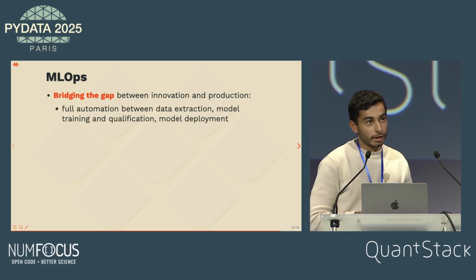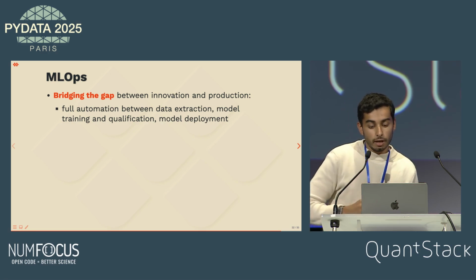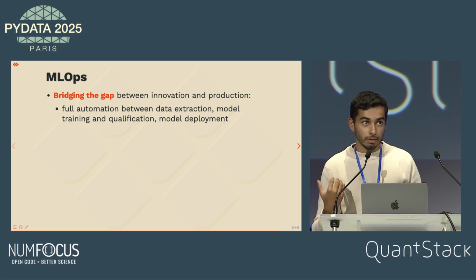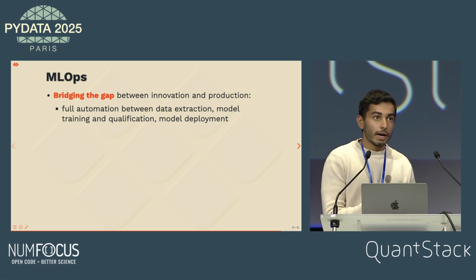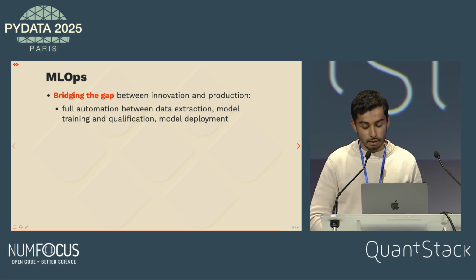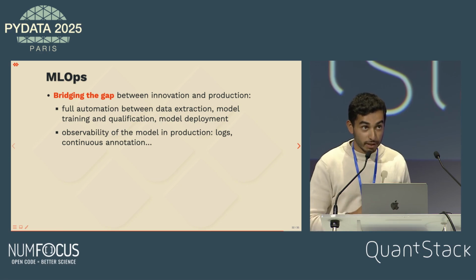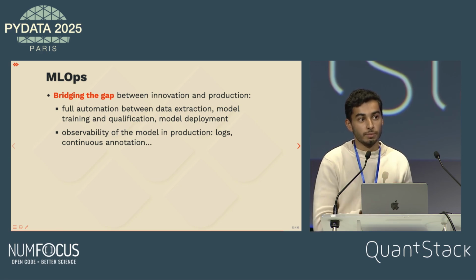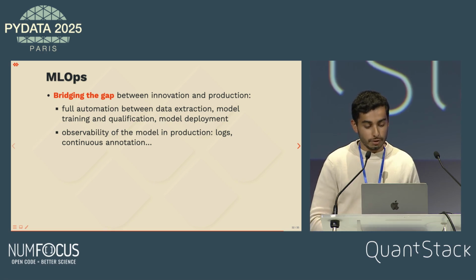So we'll be working on that to have a full automation between especially the model qualification and the model deployment in production in Nantes, and the looping back with the data that comes back from the production teams into the innovation team, and to continue having a better observability of the model once in production to be able to retrain automatically when we detect a distribution shift.